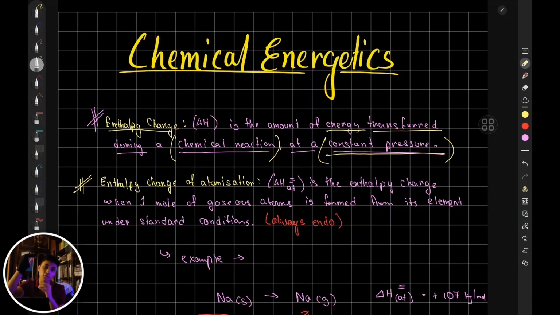If there is a greater amount of pressure, you will see greater attractive forces between the molecules, so breaking those bonds or pulling them apart is going to be much harder, or forming those bonds is going to be much harder. So the enthalpy change may vary depending on the pressure, which is why the pressure should be a constant.